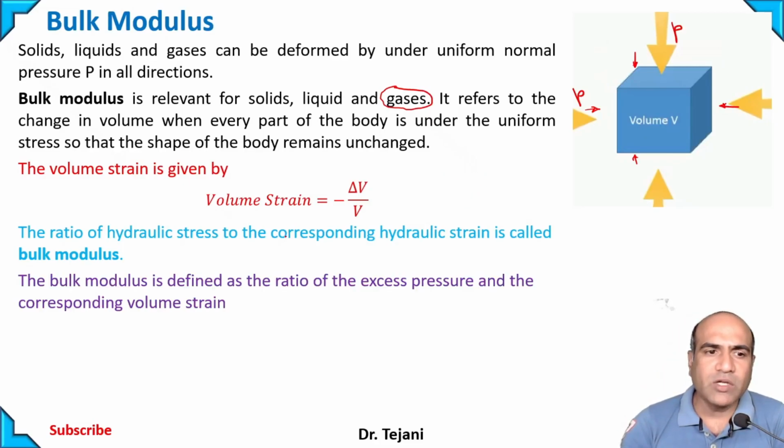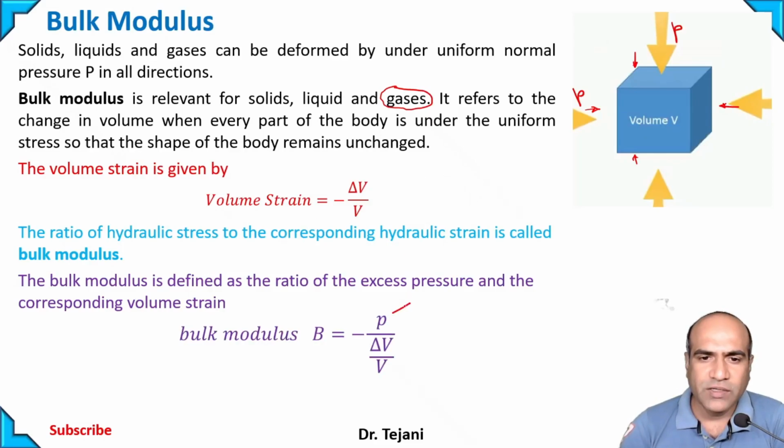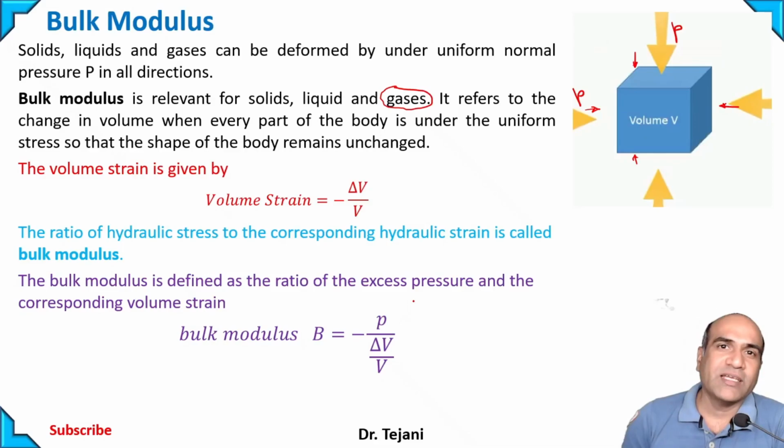Bulk modulus is defined as the ratio of excess pressure, or we can say hydraulic stress, to the volumetric strain. So it is stress to strain, where stress is the pressure, and the strain is the change of volume to the original volume. So this is the bulk modulus. You have to remember both definitions: one is volumetric strain and the second is the definition of the bulk modulus. Both kinds of questions may be asked.